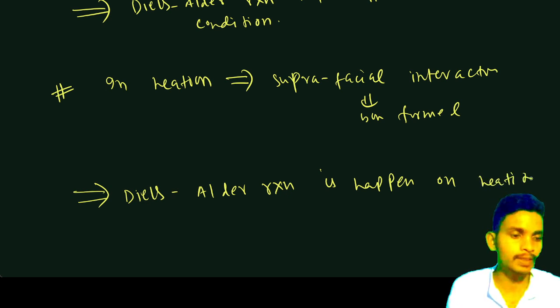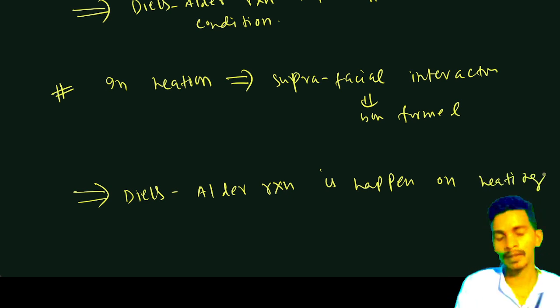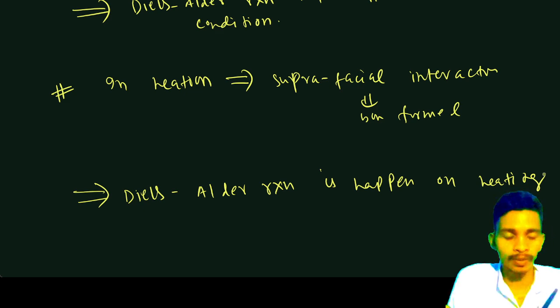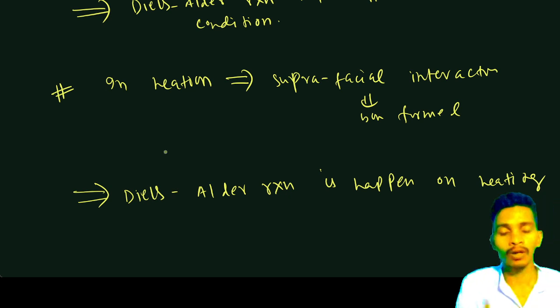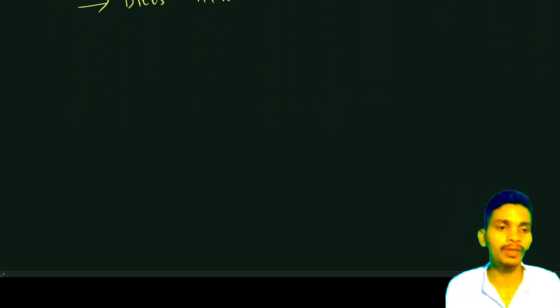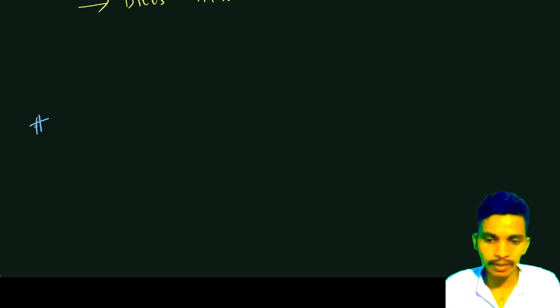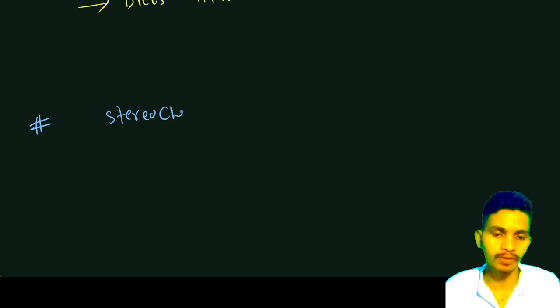Okay, so this is what we see from the molecular orbital representations for Diels-Alder reactions. So the next topic is the stereochemistry of Diels-Alder reactions.